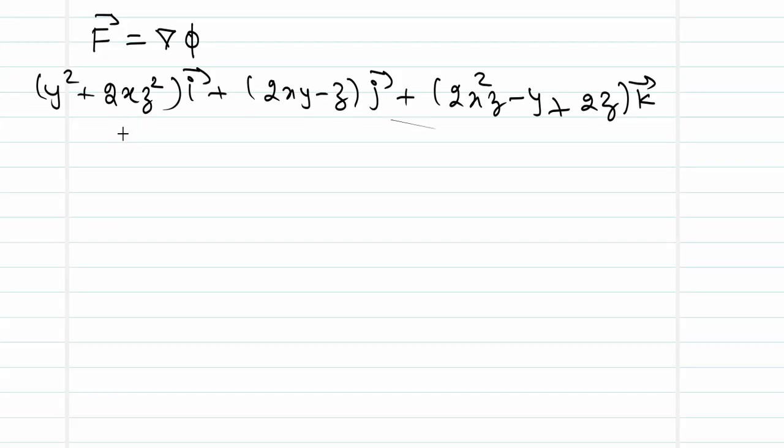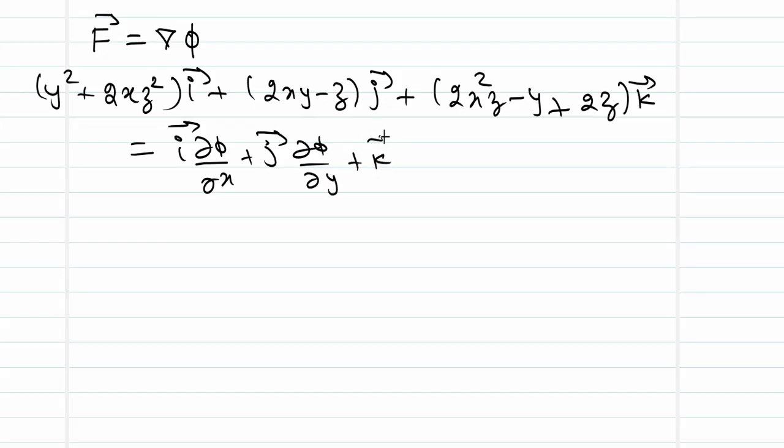And what is this del phi? Del phi is nothing but equal to i dou phi by dou x plus j dou phi by dou y plus k dou phi by dou z.